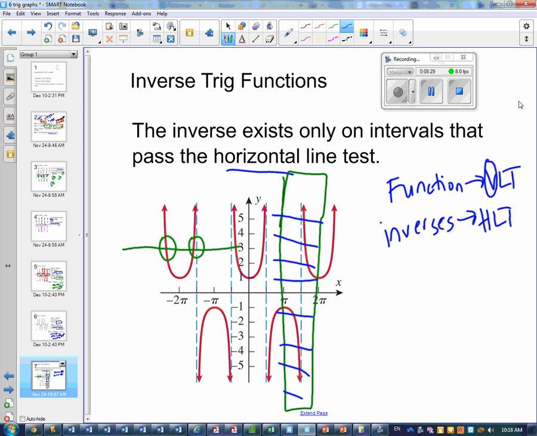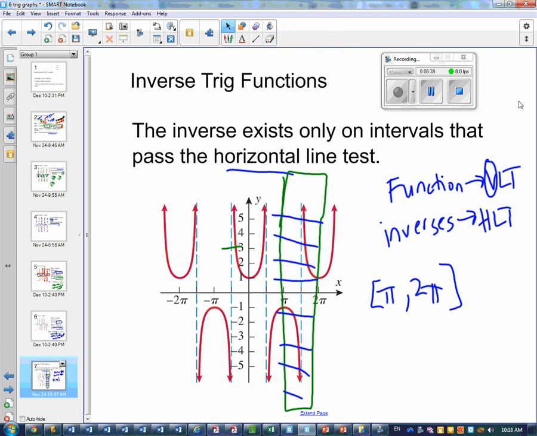So one interval that passes is from pi to 2 pi. Let me try another interval. What if we do the interval between 2 asymptotes? Look in that green box. And oops, it fails. So this interval doesn't work.